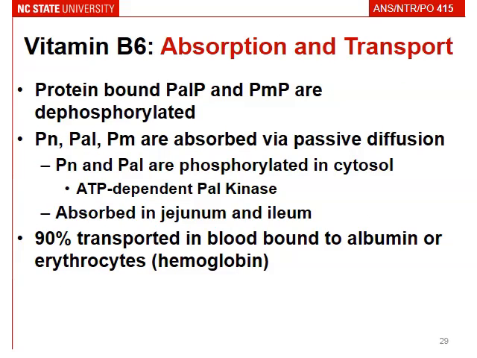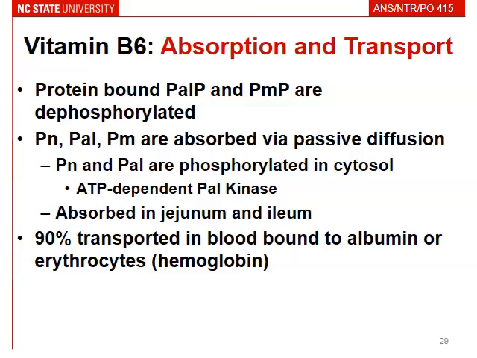So when we consume our diets, the majority of our B6 is actually going to be bound to protein in its phosphorylated form. So it's necessary for us to dephosphorylate that before the B6 can actually be absorbed. And all three forms can be absorbed by passive diffusion.